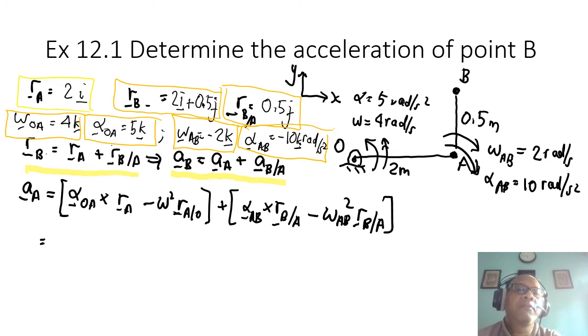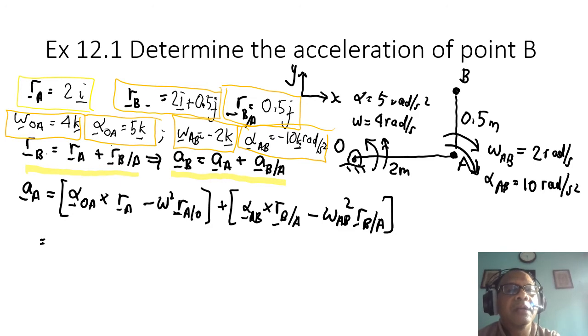And for B relative to A, we have alpha AB cross position vector B relative to A minus omega AB square position vector B relative to A. So we can now substitute the values in order to find the solution.